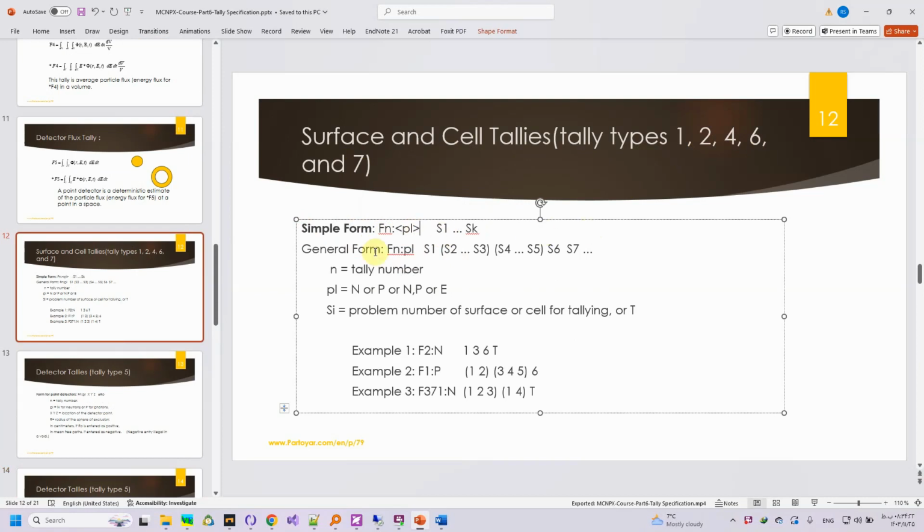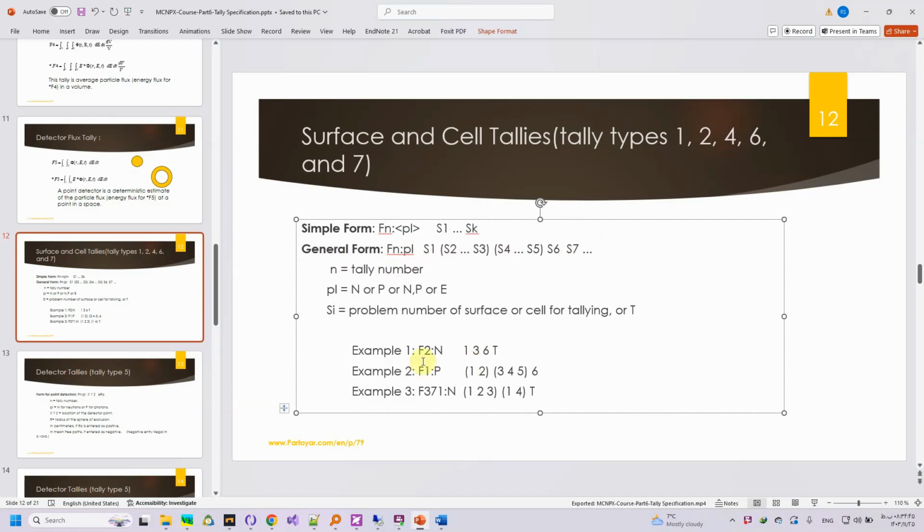S1 to Sk are the parameters that we want to consider. What is the general form for this type? In general form, we specify the tally type, the particle type, and here we can change the parameter.